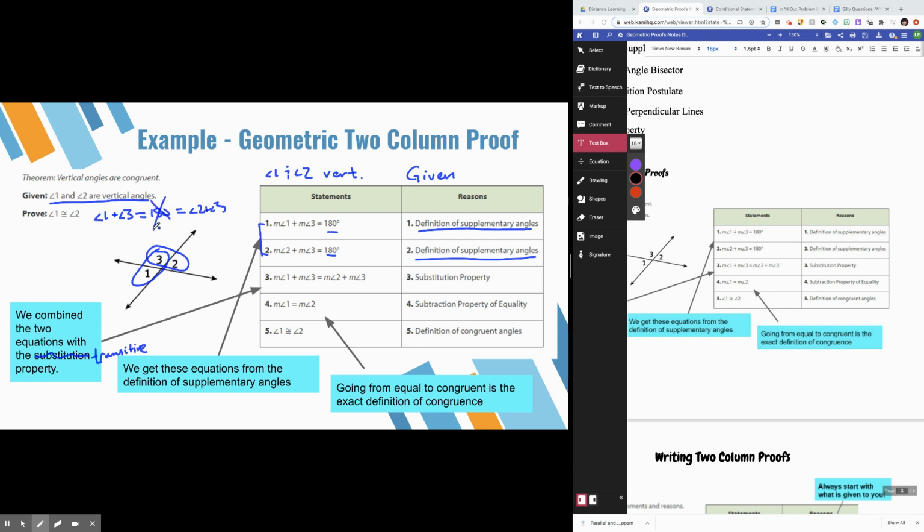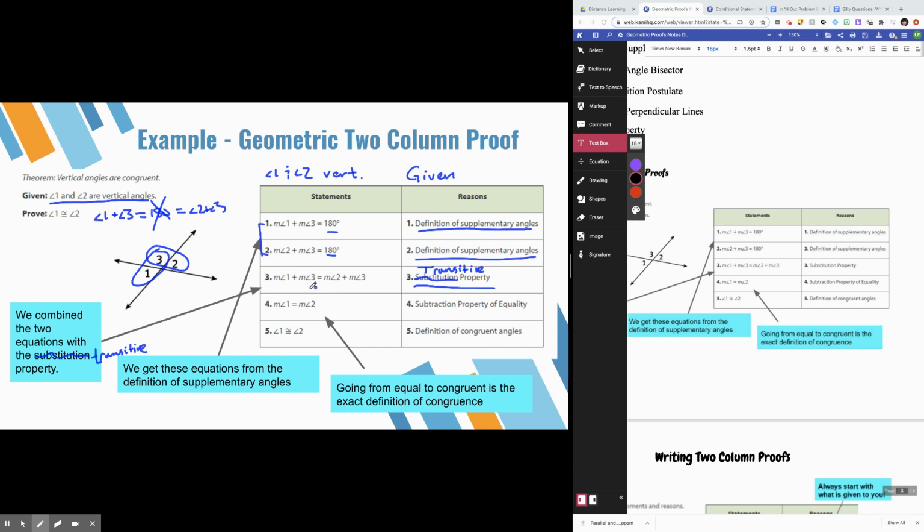So we're cutting out the middleman to get this more simplified equation. So remember, whenever you do that, the reason for that is it's not the substitution property. Really, this should say transitive property. So that's my bad. I didn't realize that before I made this video here. Okay.